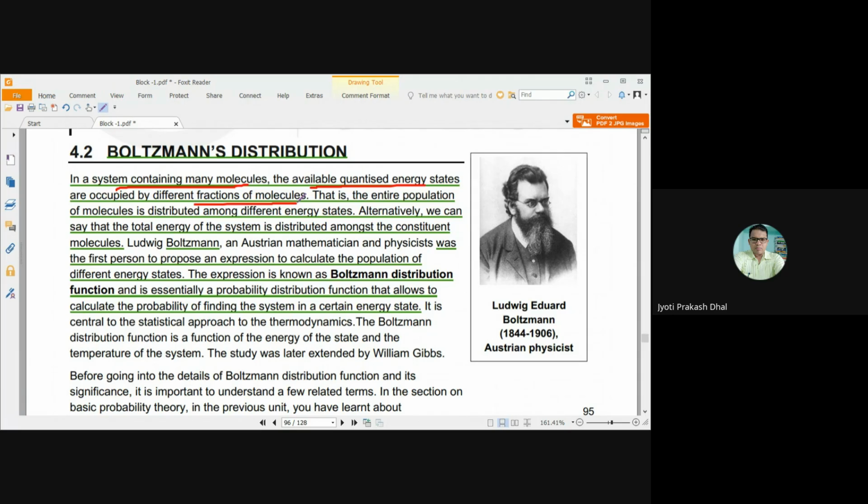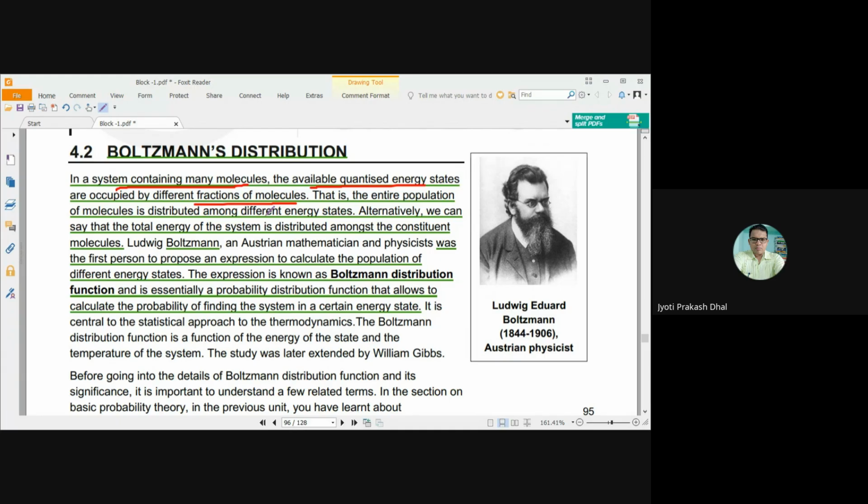We know that in a particular molecule, different quantized energy levels are there, just like in a single atom, where the energy levels are K, L, first shell, second shell, third shell, etc. Similarly, for a molecule, different quantized energy states are there, and they are occupied by different fractions of molecules.